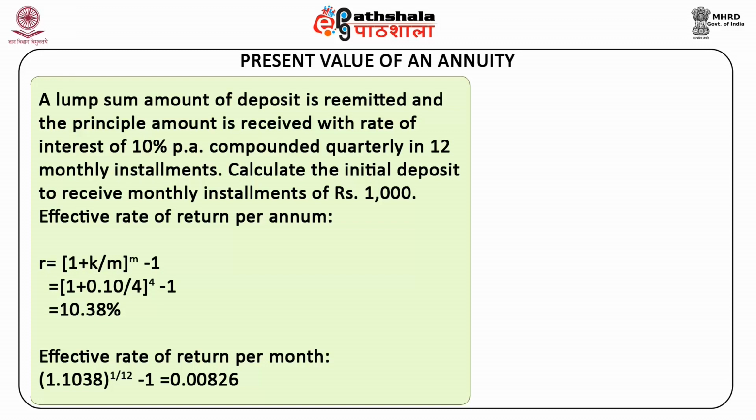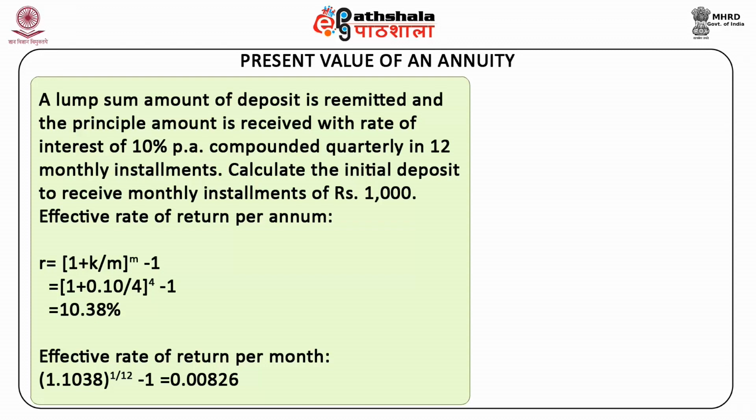Solution: effective rate of return per annum R is equal to (1 plus K divided by M) raised to power M minus 1, which for 10% comes to 10.38%.